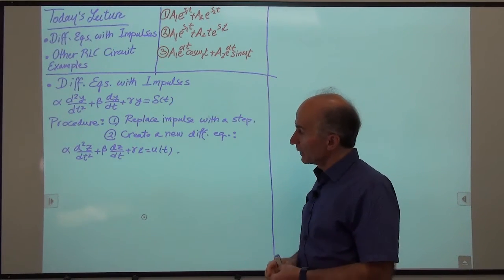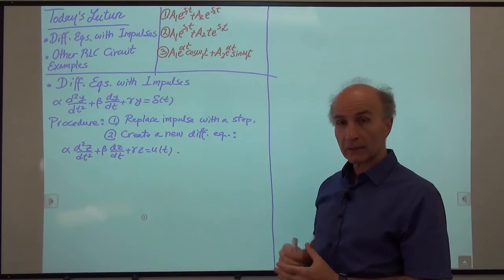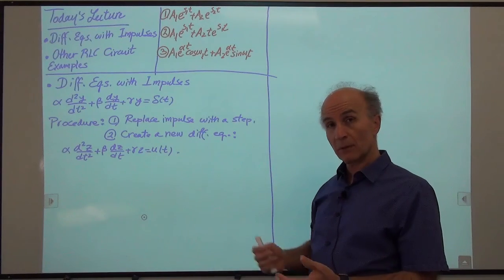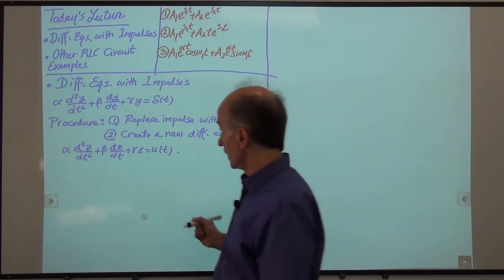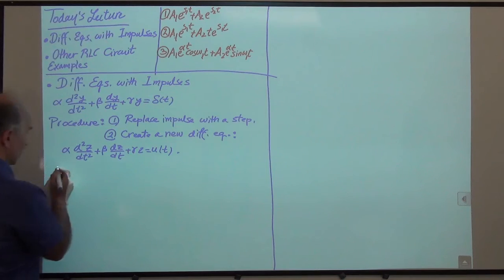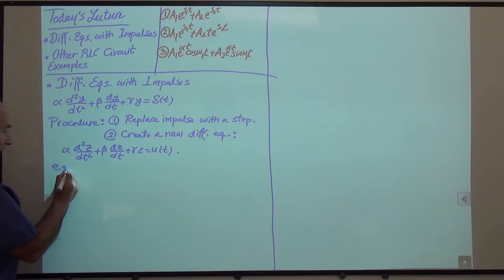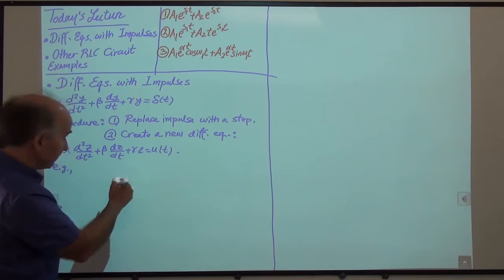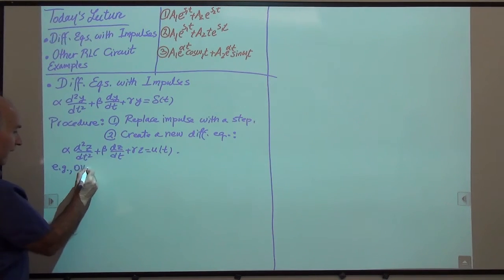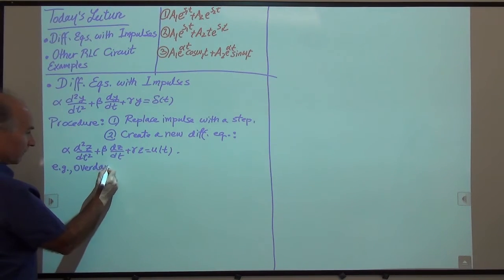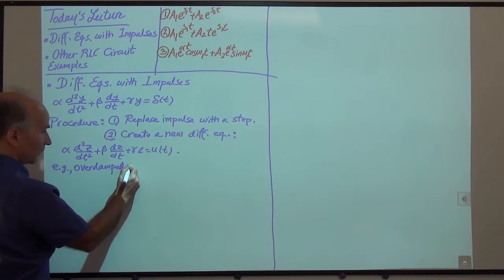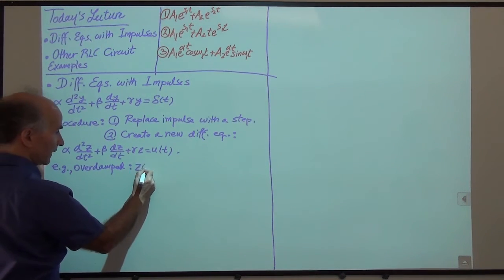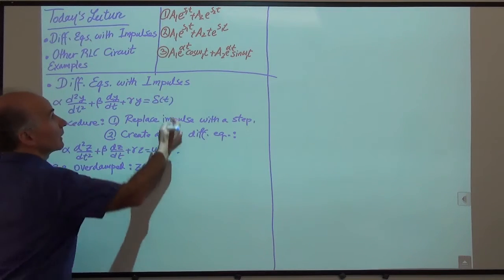Okay, so the idea here is that I will go and find z from this equation, right? That's not that hard. So I will write, for example, if I know from alpha, beta, and gamma that it's an overdamped system. So if it's overdamped, I'm going to write z of t is equal to, from here, right?